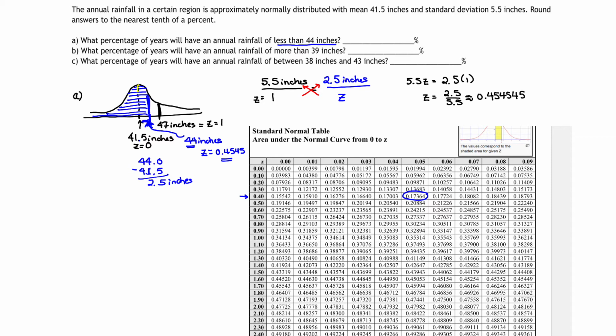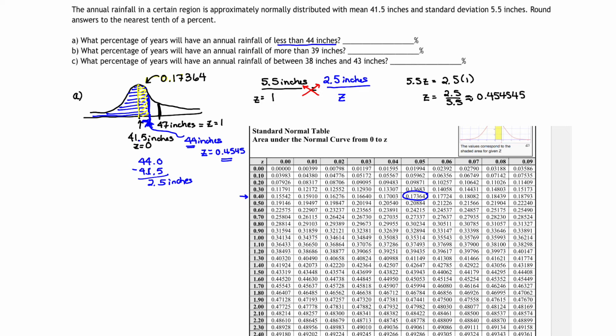That tells us that the area under the curve between the mean and this particular z value is 0.17, and I should use a different color because that yellow is really light there. That tells me that that yellow shaded area is 0.17364.